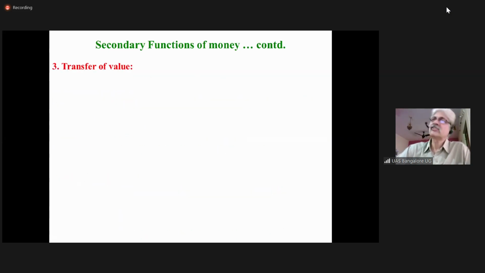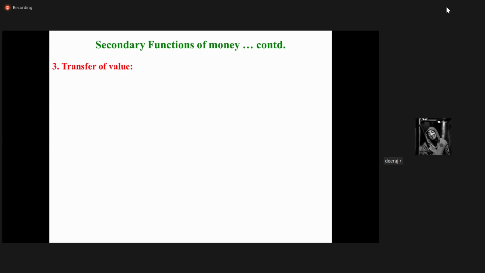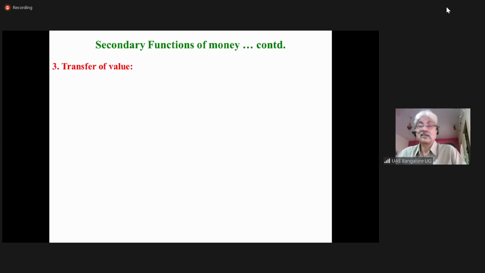Then the third secondary function of money is transfer of value. You can transfer money from one place to other place. Say you are having some transaction with a person who is there in Kolkata or maybe in Assam.